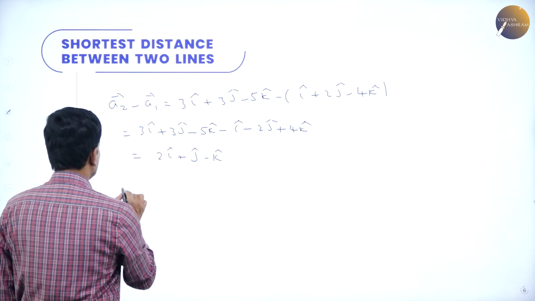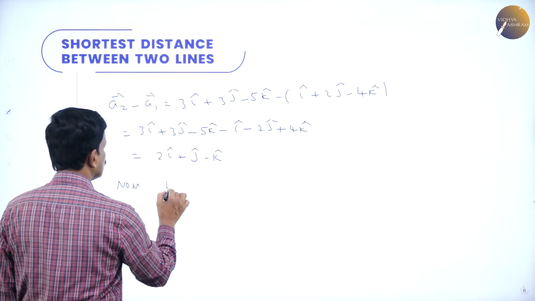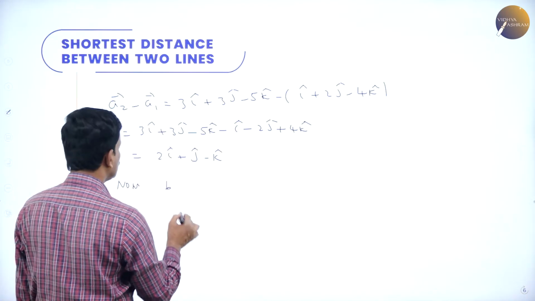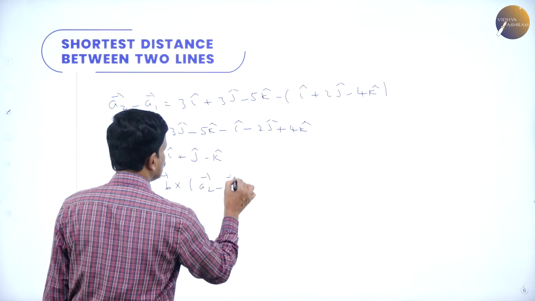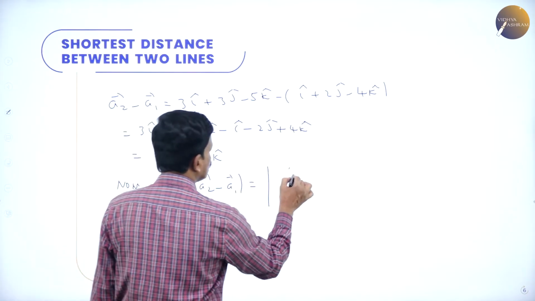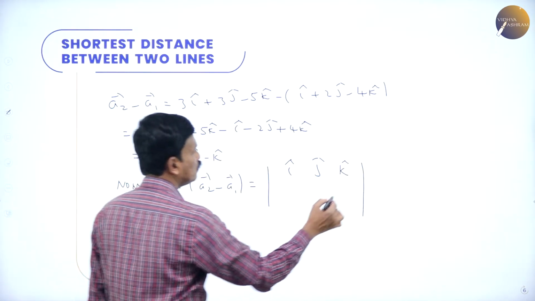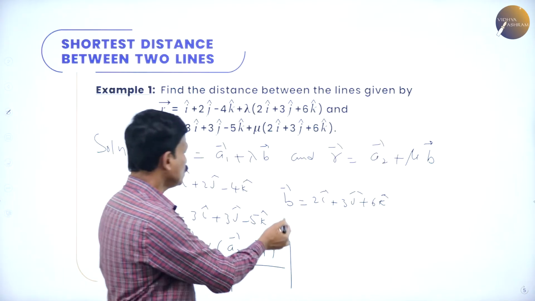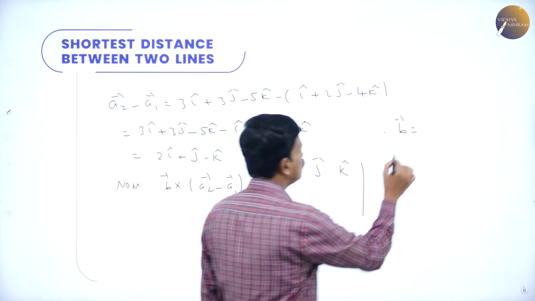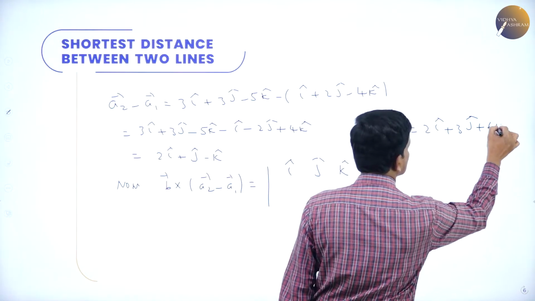Now find out B cross A2 minus A1. B cross vector A2 minus A1 is equal to determinant i, j, k, and what is vector B? Vector B is equal to 2i plus 3j plus 6k.